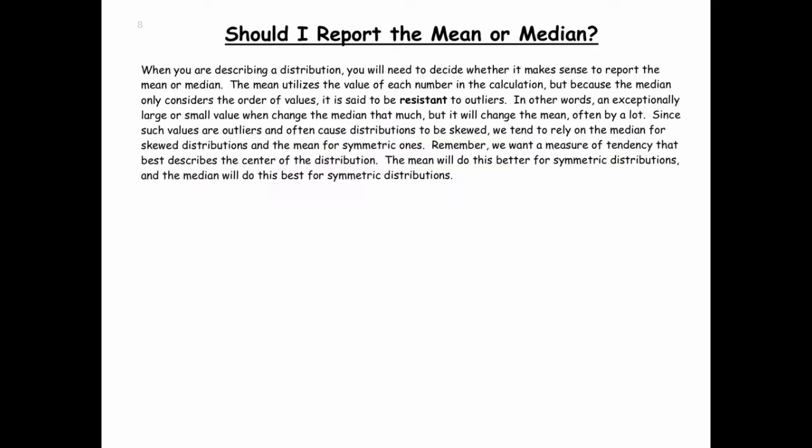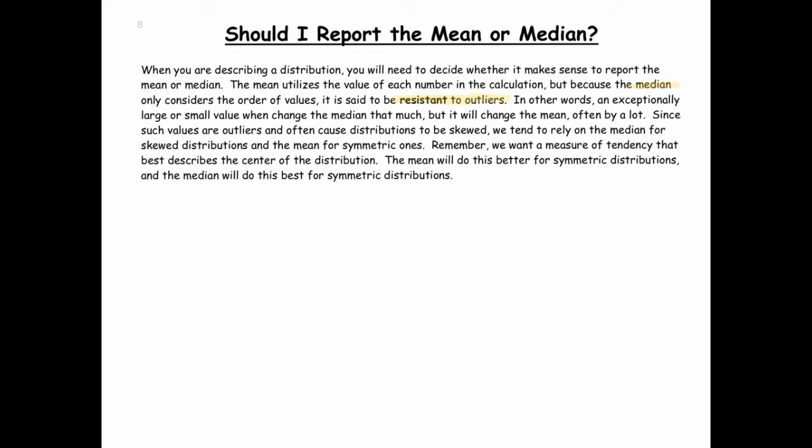So one of the questions you're going to want to ask is, when should I report the mean and when should I report the median as describing the center of the data? Well, it basically has to do with whether or not the data is symmetric, okay? So let me just highlight a key insight that we've touched upon. We say that the median is resistant to outliers.